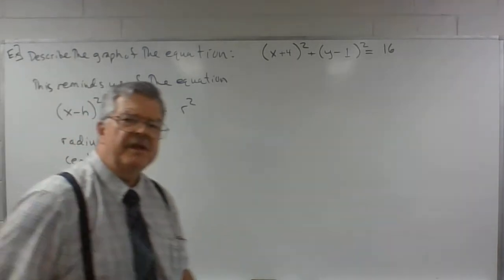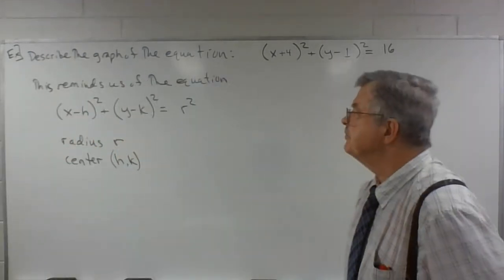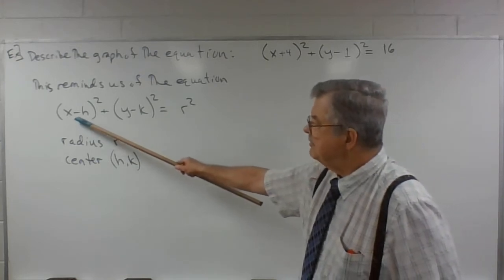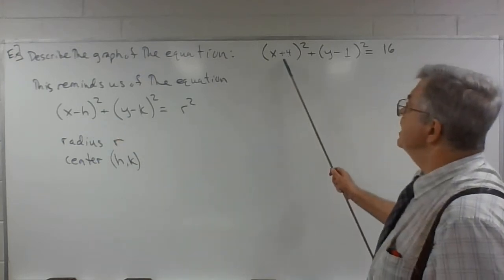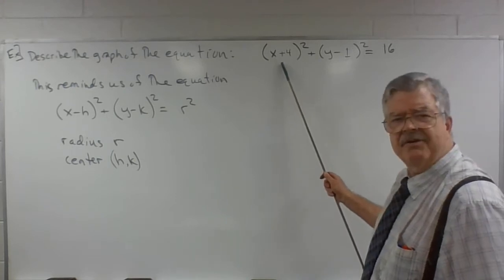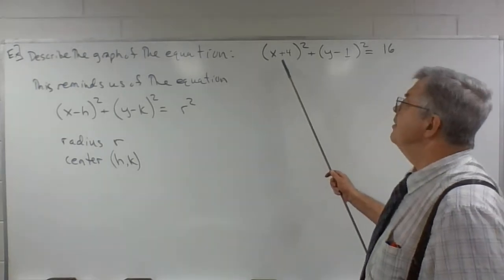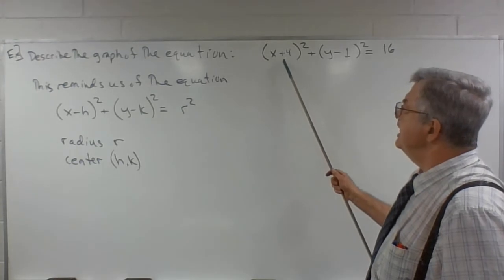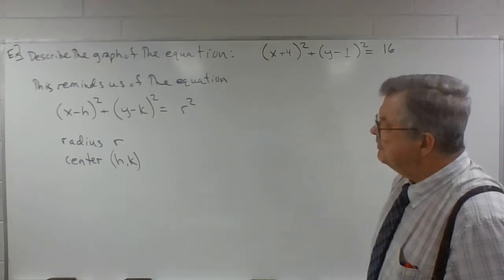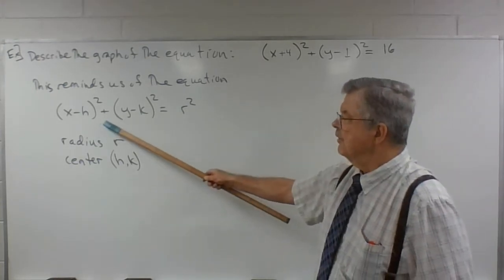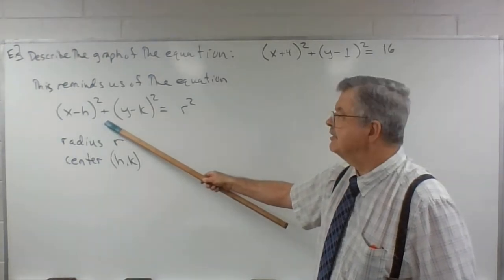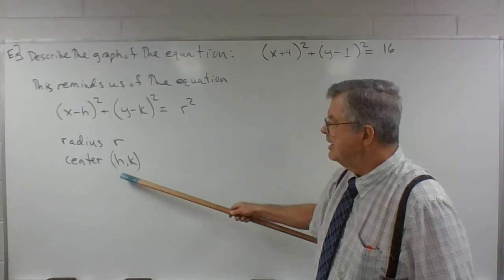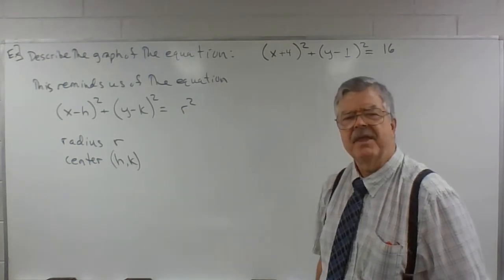But there is something bothering me here. I have a negative sign here and a negative sign here, but up here I have a positive sign. So the equation that I have up here is not exactly in the standard form of an equation of a circle with radius r and the center (h, k).